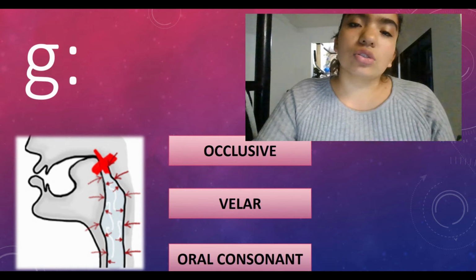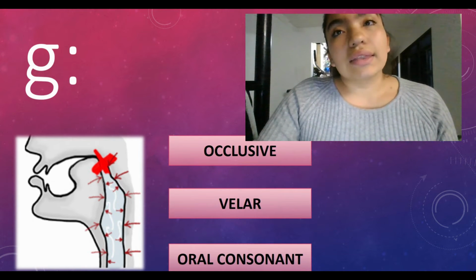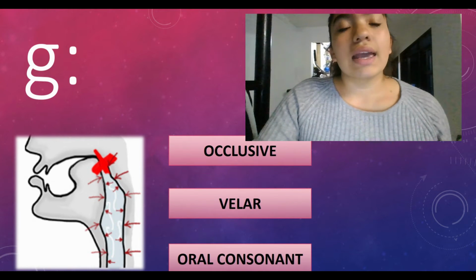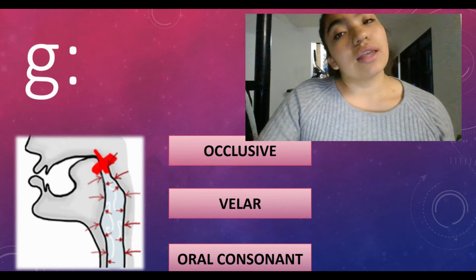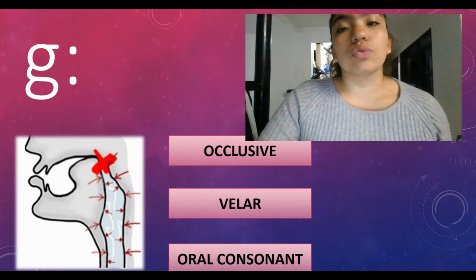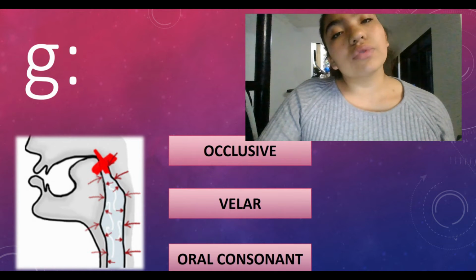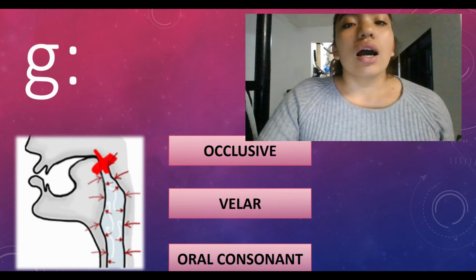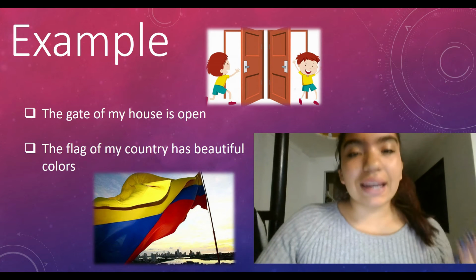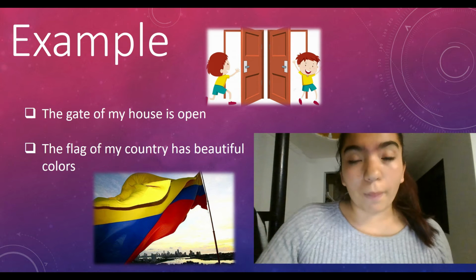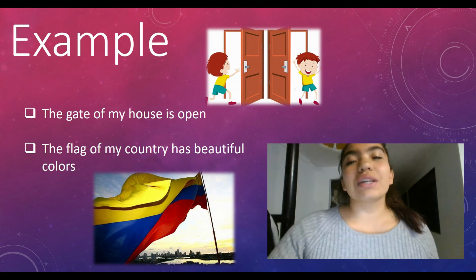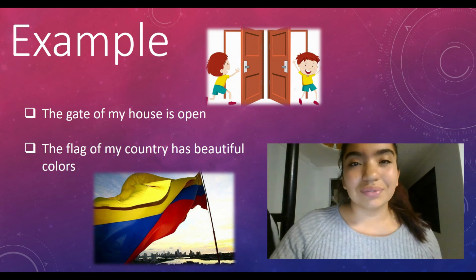It is an oral consonant, which means that the air escapes through the mouth. It is a central consonant, which means that it is produced allowing air to flow through the middle of the tongue instead of the sides. For example, the gate of my house is open. The flag of my country has beautiful colors.